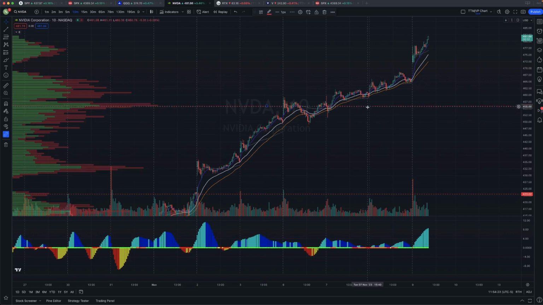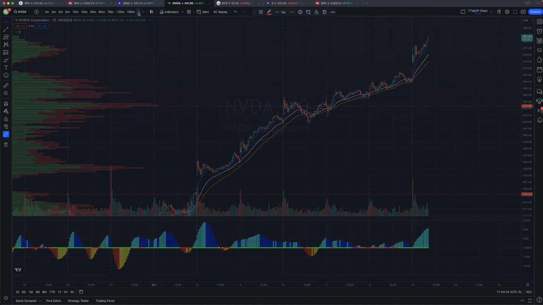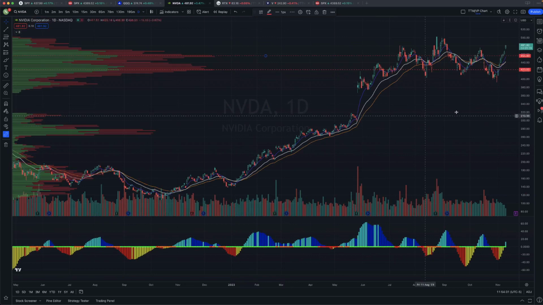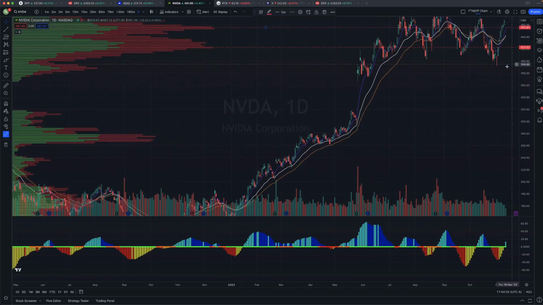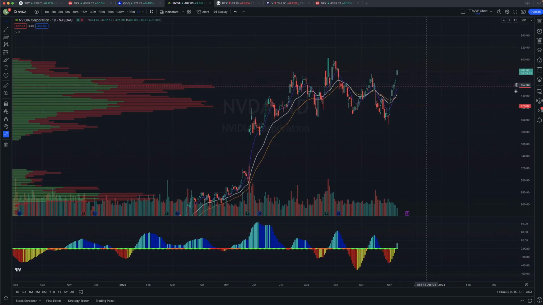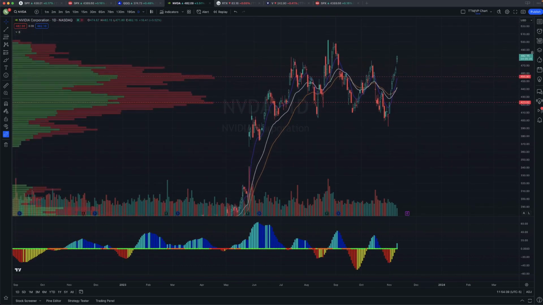But I know that because these are red on a daily chart, those are my key areas that I need to keep an eye on as major support levels, being that we are above price.